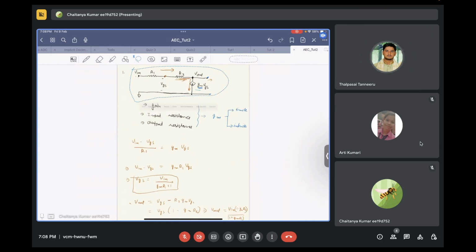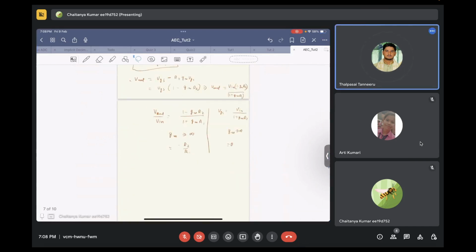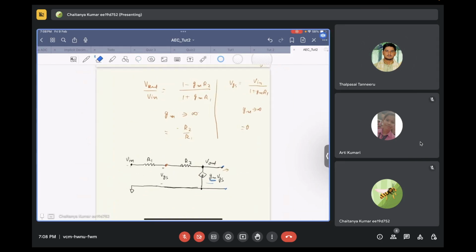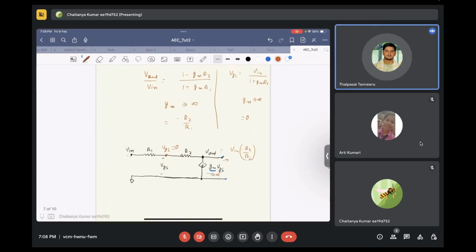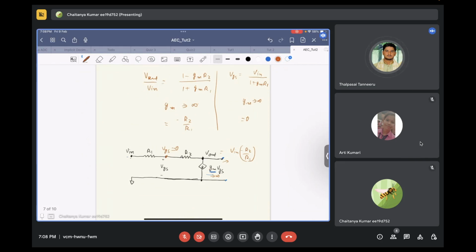Let's copy this circuit over there. So you are saying when gm tends to infinity, VGS becomes 0 and Vout becomes Vin times minus R2 by R1. Correct? Yes, sir. Inverting amplifier. Yeah, inverting. Do you get this?